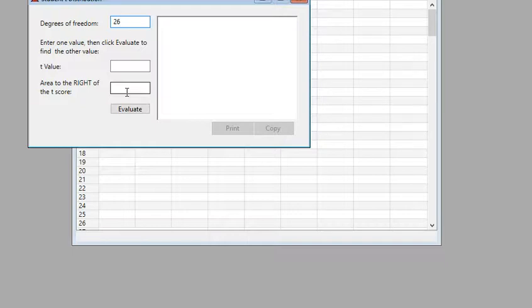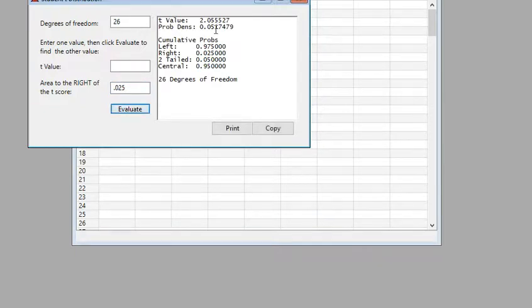Since we have the area, now this one asks us for the area to the right. So we're in good shape there. But the quick question is, what area do I want in the right tail? It's not 0.05, it's 0.025. So 0.025 gives me about 2.055, like that.